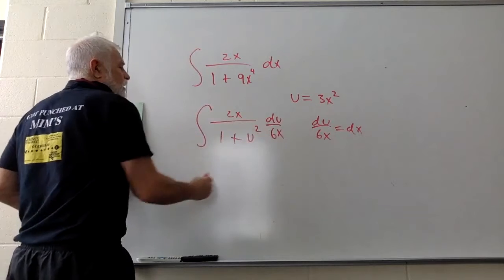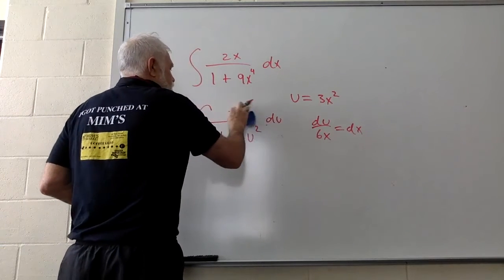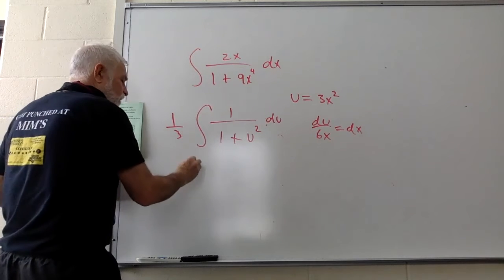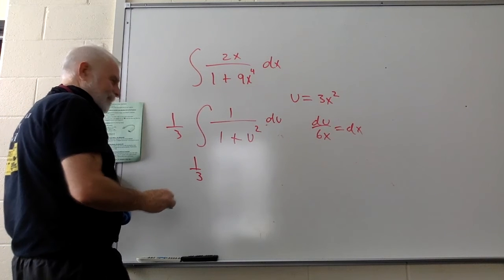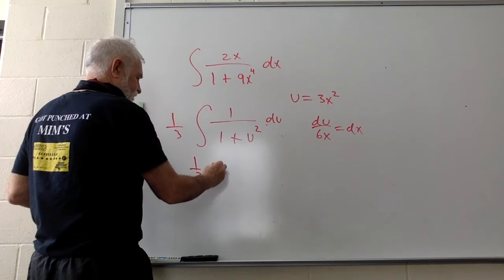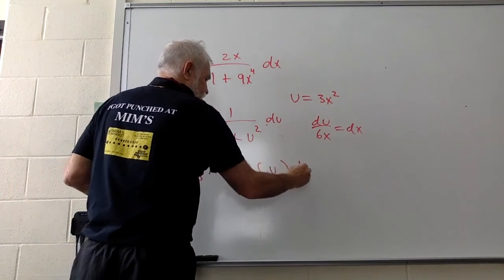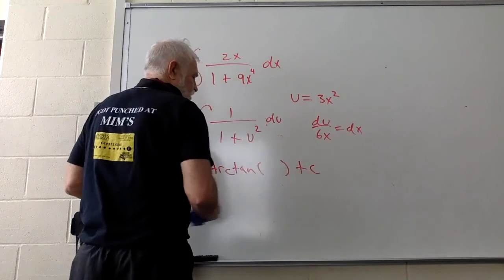Oh, I can see that that becomes 1/3. Sure looks like an arctan of u to me. Arctan, which you haven't done a whole lot of. What was u? 3x squared.